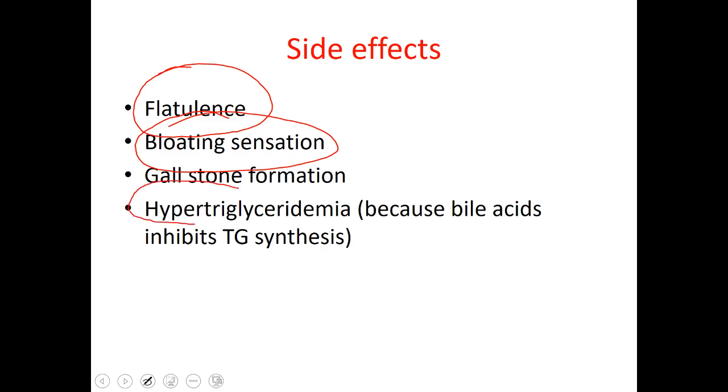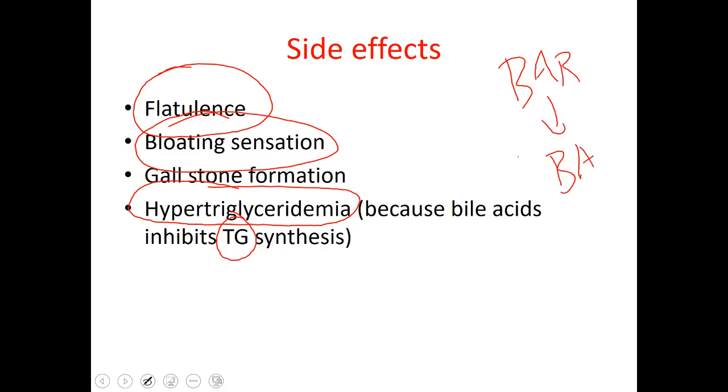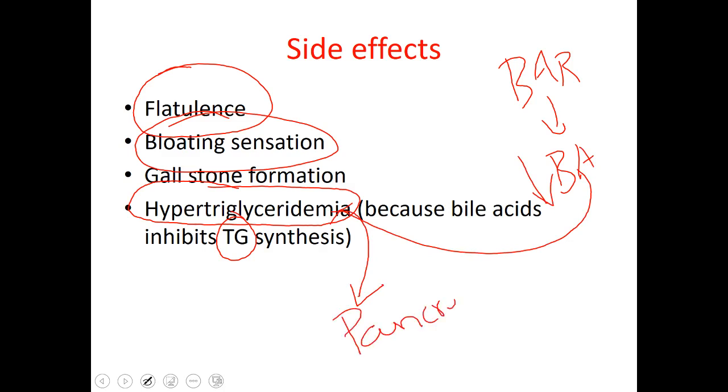Bile acids, if you go back to your physiology, you would recollect, are very good inhibitors of endogenous triglyceride synthesis. So, if you are using a bile acid sequestrant, what is happening to bile acid? It is reducing, and that will contribute to hypertriglyceridemia, and when the triglycerides rise above 500, you have increased risk of pancreatitis.